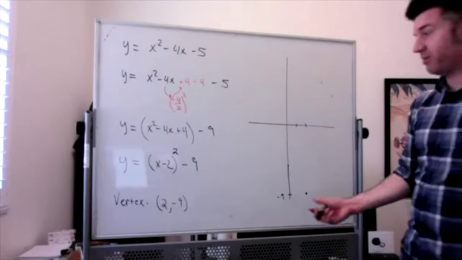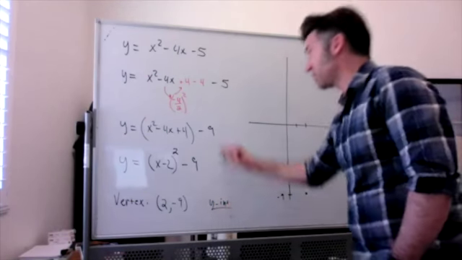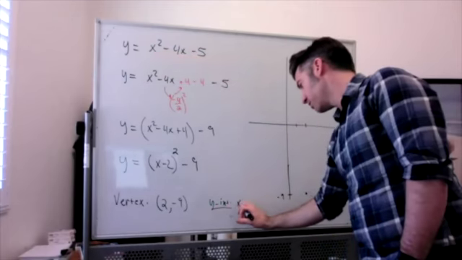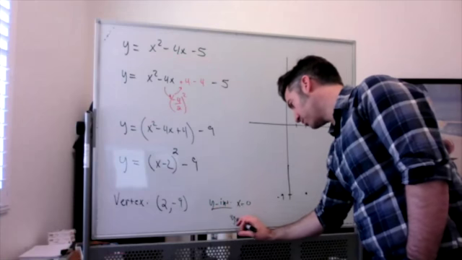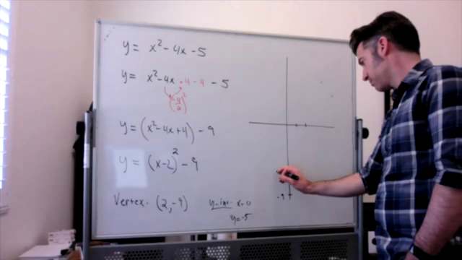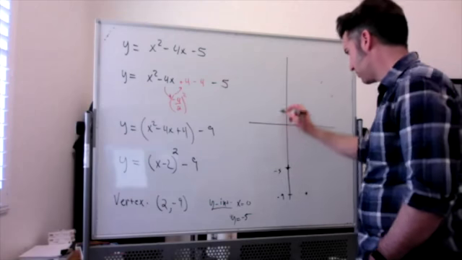The y-intercept, if I set x equal to 0, I'm going to get 0 minus 5. So I'm going to get y equal to negative 5. So it's going to look like this.